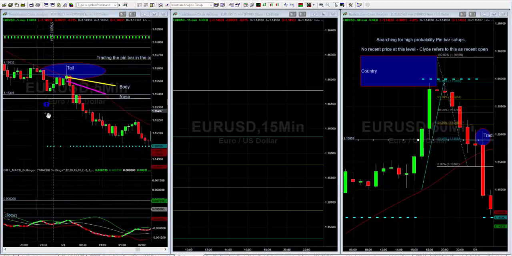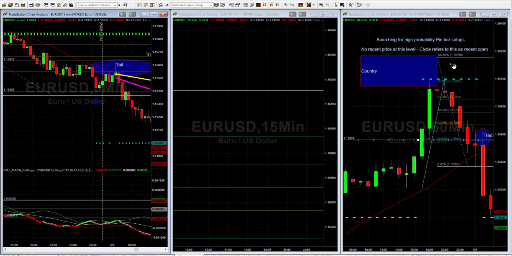Now, this is our reversal trade setup. Is this the counter trend trade, or is this a trending setup? Would this be a reversal or a continuation trade? It's counter, it's a reversal, isn't it?